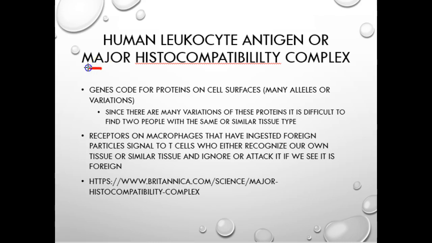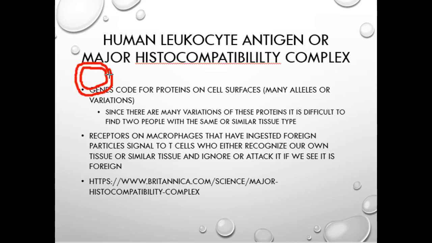So if these are the cells of our bodies, on the surface of that cell, we basically have glycoproteins touching and covering the surface of the cell. And those glycoproteins allow our body to recognize those cells as our own cells once again.